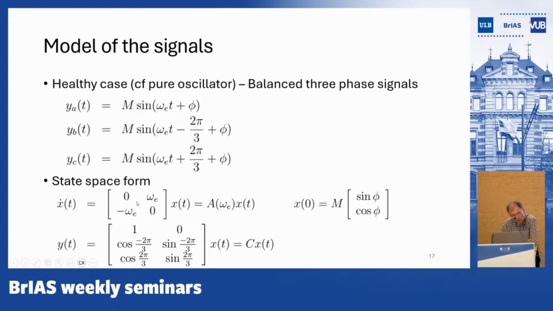This oscillator will generate in its states a sine wave and a cosine. And if you add up this sine and this cosine and multiply them by proper values, you get this balanced three-phase signal. So this is for the healthy situation.